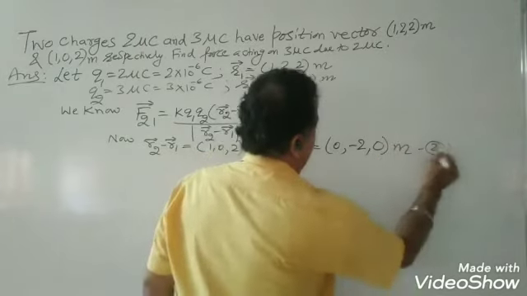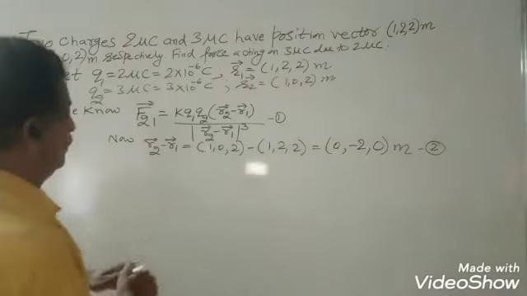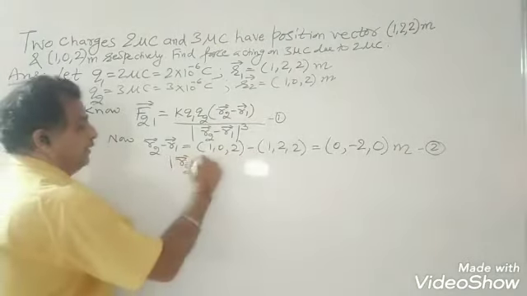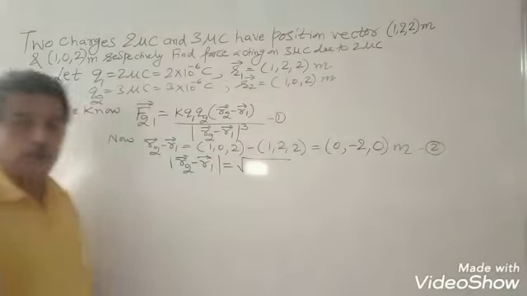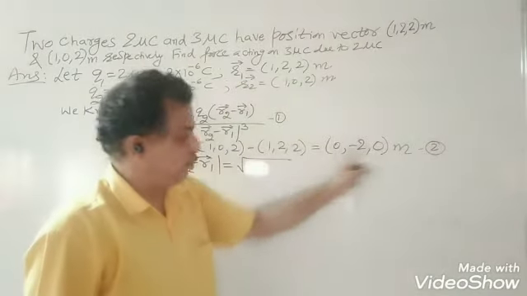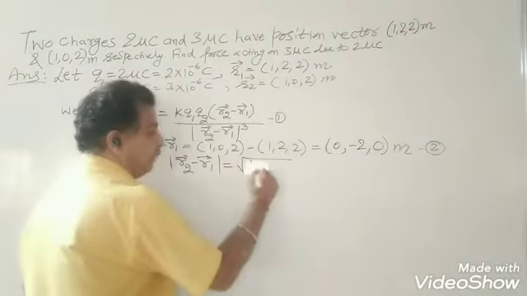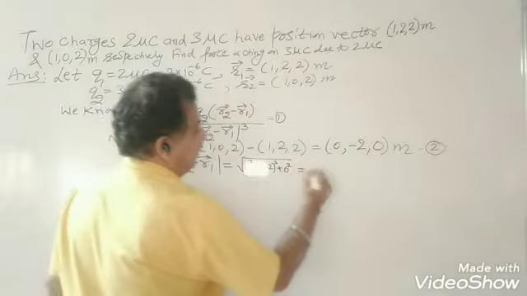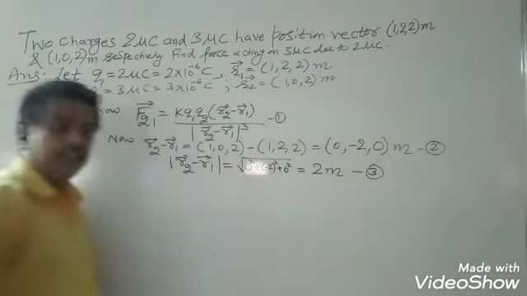So let us assign it as equation number 2. Now we need to find out its magnitude. So mod of R2 minus R1 is equal to under root. Now the magnitude becomes very easy because we have two coordinates to be 0. So it will be 0 square plus minus 2 square plus 0 square, which comes out to be 2 meter. Let us name this as equation 3.